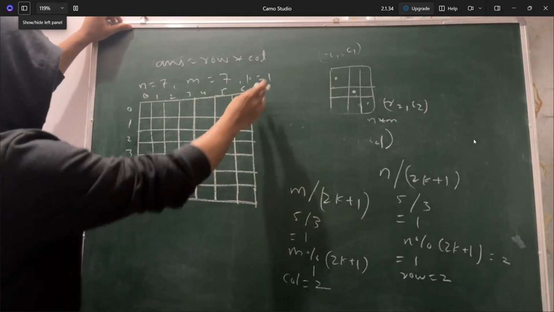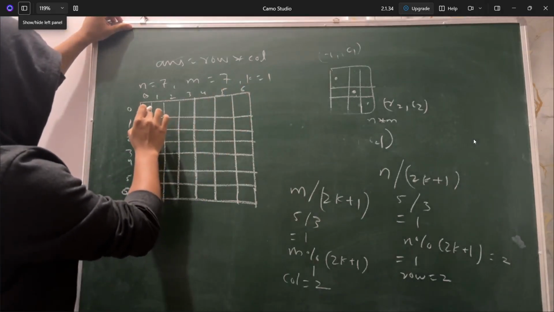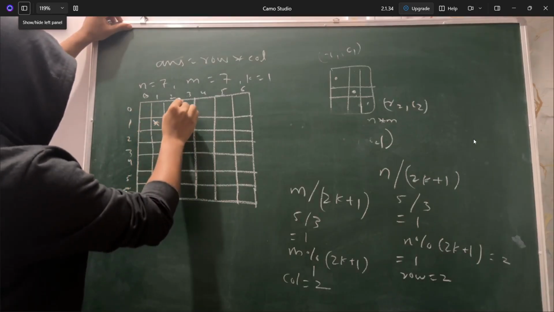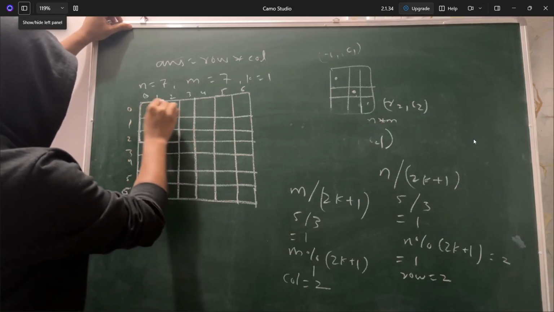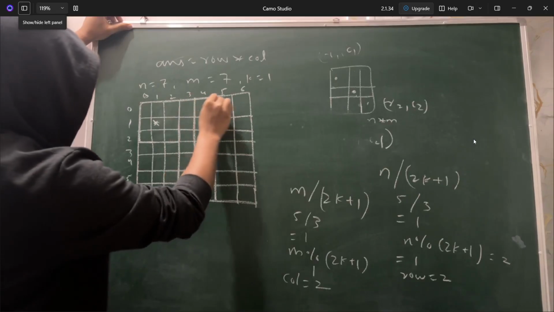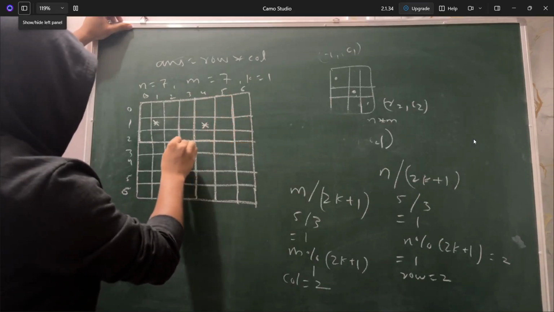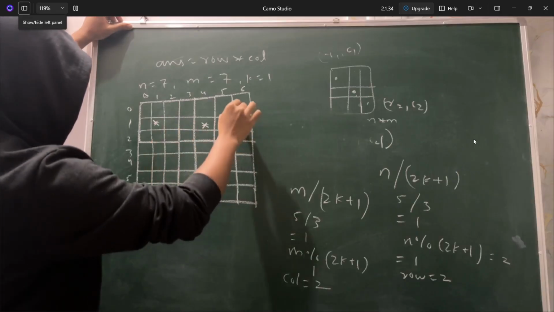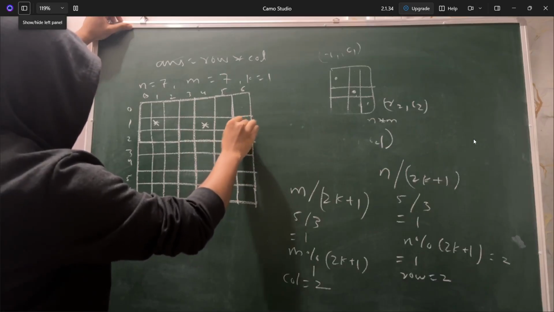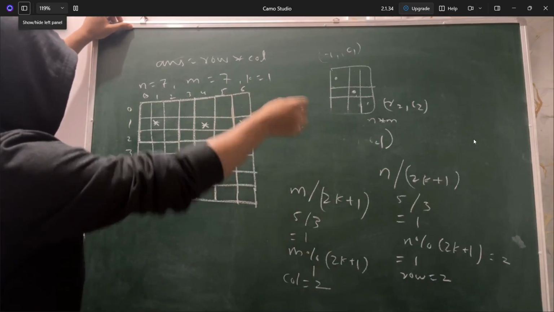When k is 1, you go diagonally by 1 and place a sensor here. This sensor can cover up to these positions. Again you move forward and place a sensor here. So this covers this much area. So 2 sensors are placed. This one is not covered by these 2 sensors, so you place 1 sensor extra, and this sensor can cover all the distance.